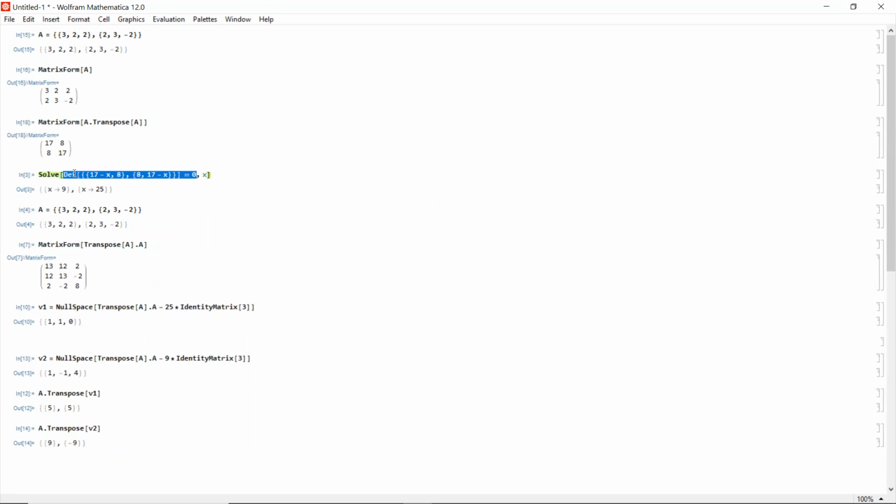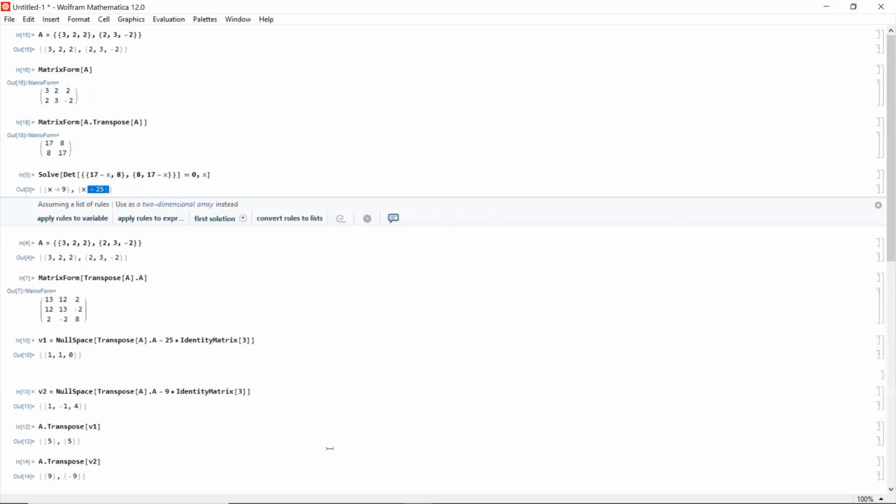So I'm solving determinant equal to 0 with respect to the variable x, and what I get is 9 and 25. So 9 and 25 are the eigenvalues. Okay, so the singular values are square roots of these, 9 and 25. So the singular values are 3 and 5.